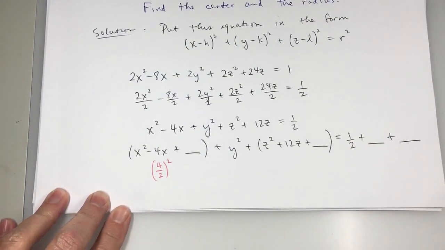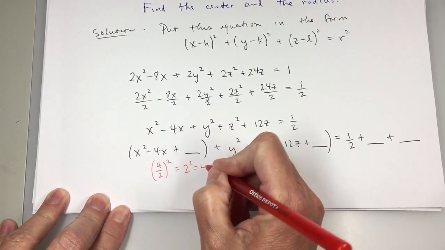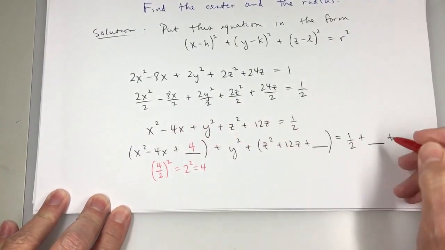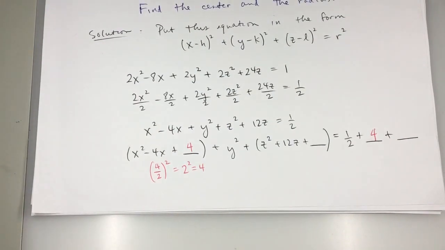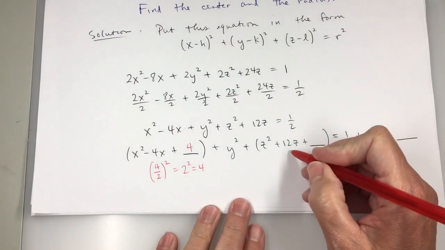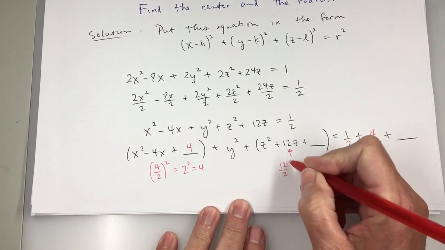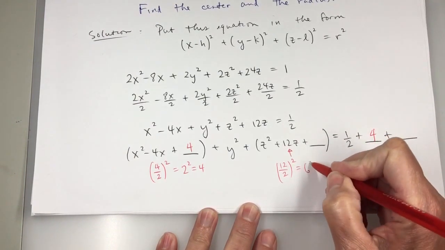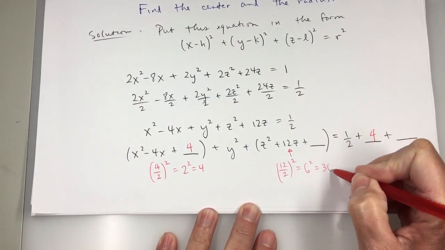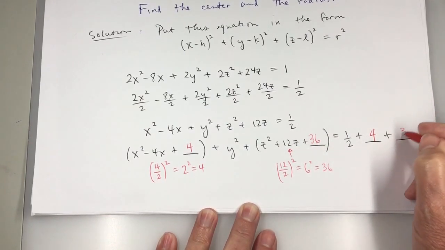So 4 over 2 is 2, and 2 squared is 4. This blank is a 4, this blank is a 4. We'll do that again with the z's. In front of z to the first, I have a 12. 12 over 2 is 6, and 6 squared is 36. So in the blank with the z's, I'll put 36.